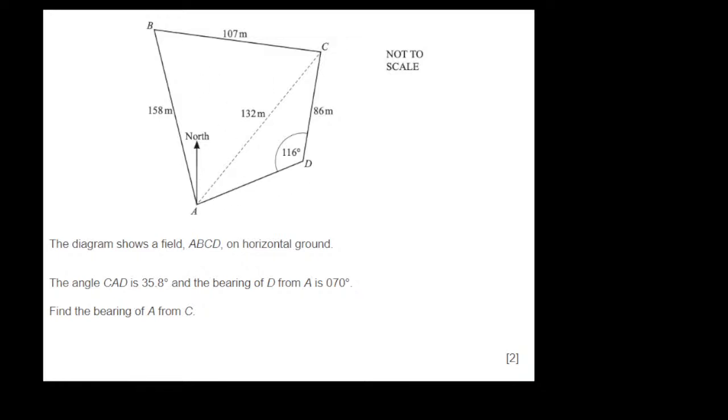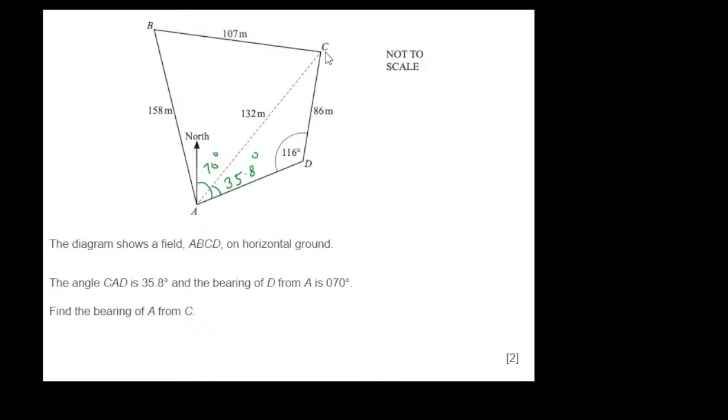The angle CAD is this angle, given as 35.8, and the bearing of D from A, this whole angle, is 70 degrees. Find the bearing of A from C.